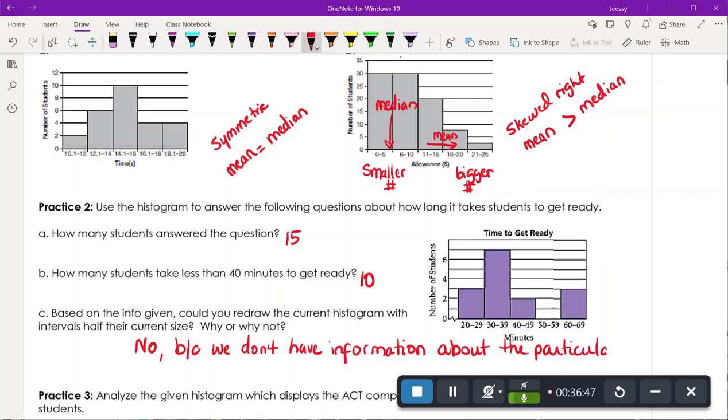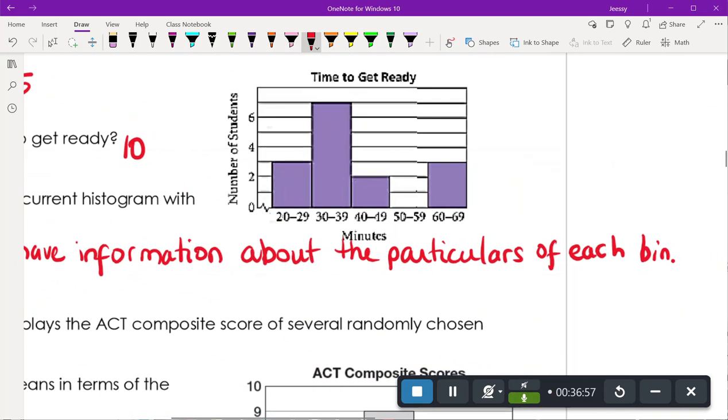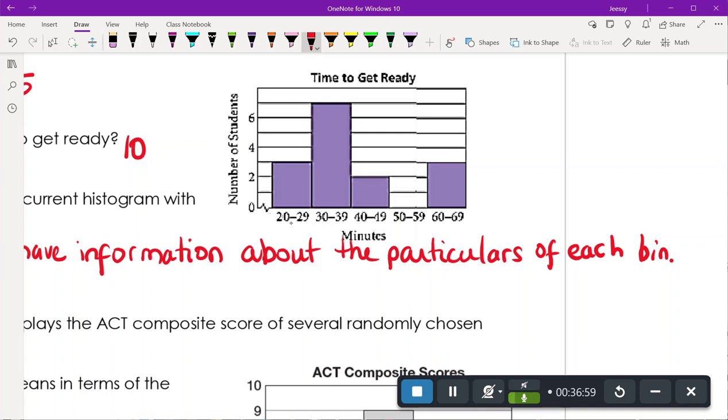We don't have information about the particulars of each bin. All right, let me explain what I mean by that. How many students took about 20 to 29 minutes to get ready?